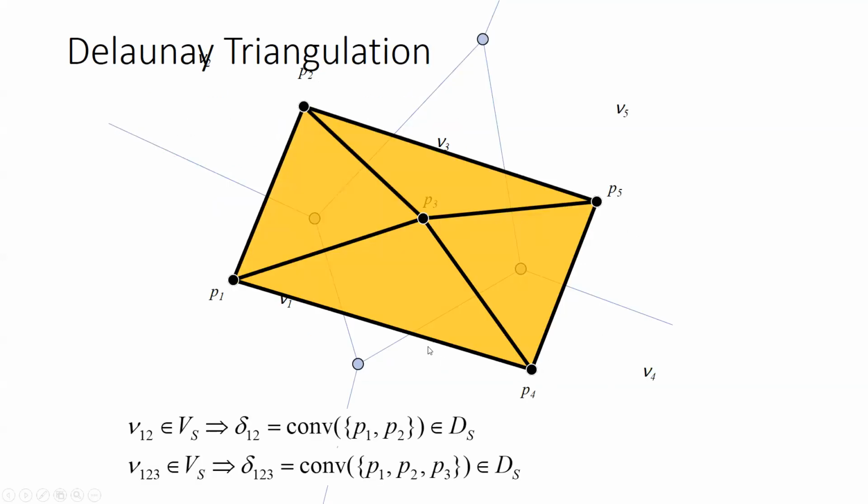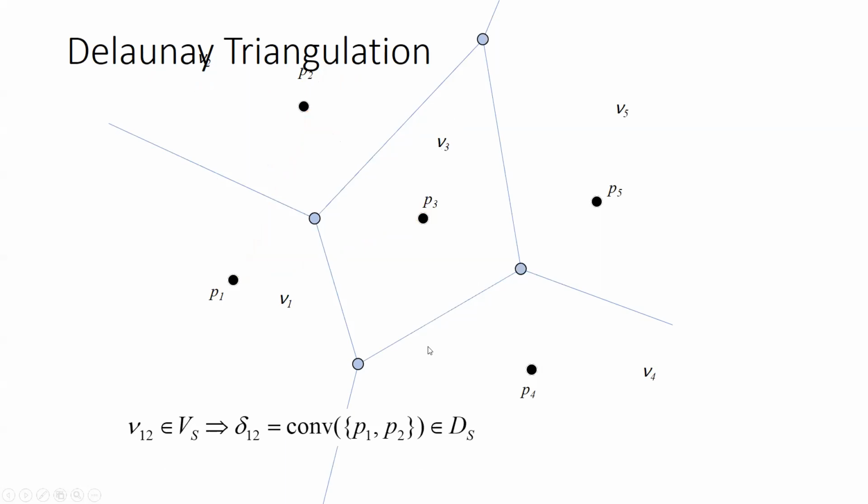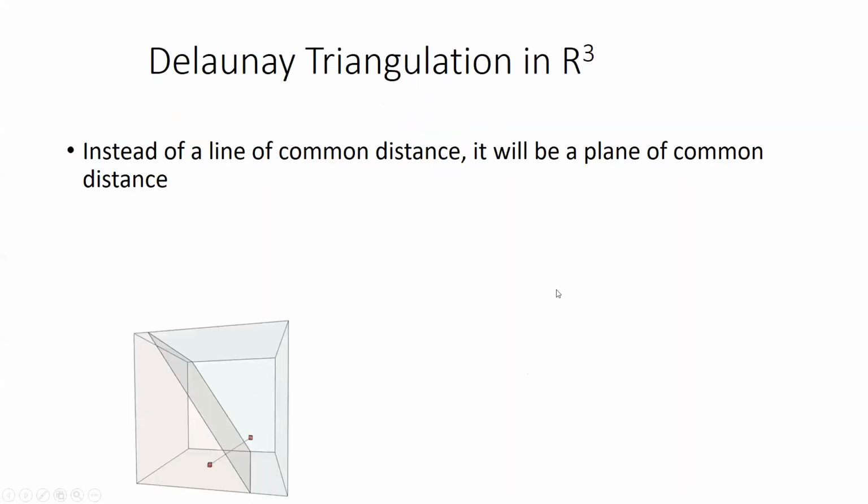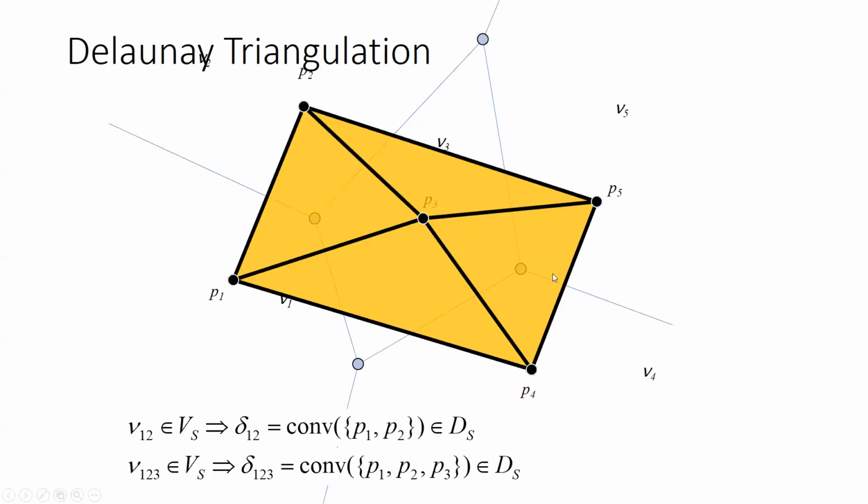That means if you look back on this, a point in the Delaunay triangulation is a region in the Voronoi cell. And then a line in the Delaunay triangulation is a line in Voronoi cell. And a triangle in the Delaunay triangulation is a point in the Voronoi cell. So they're dual to each other. So that's how we construct a 2D Delaunay triangulation.